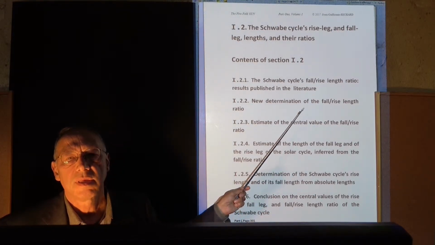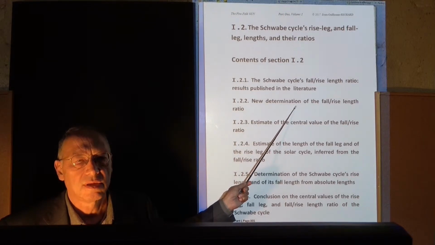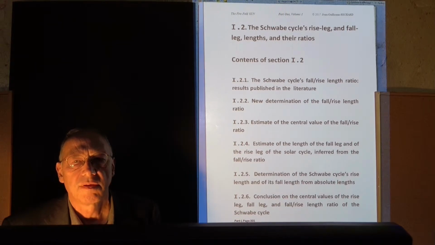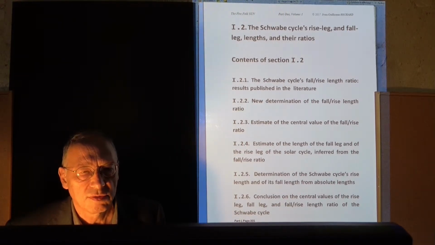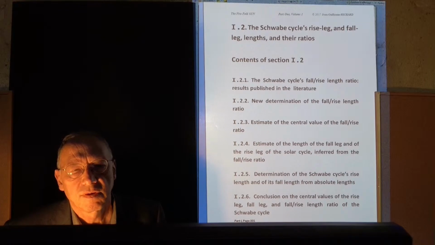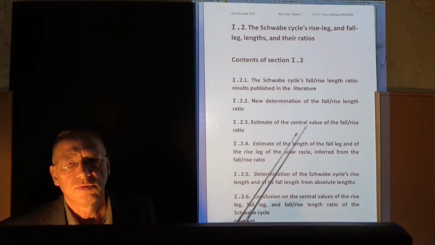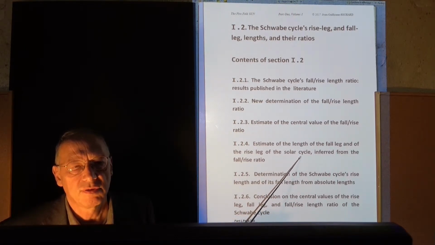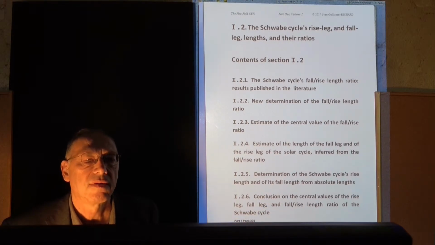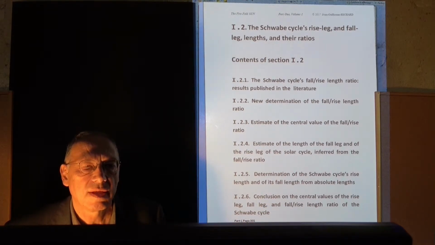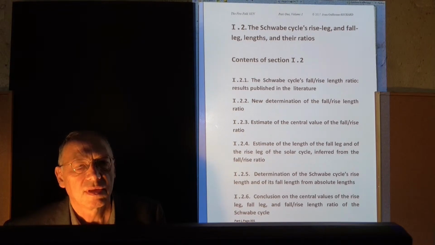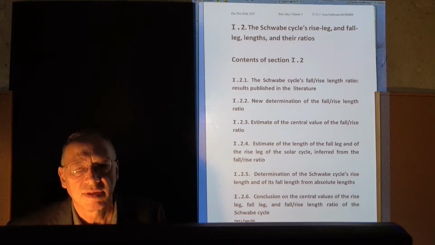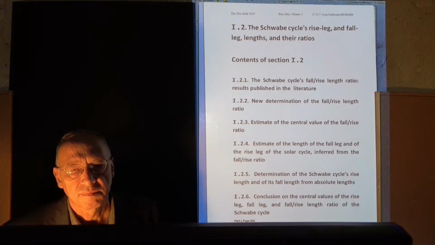And then we introduce a new determination of the fall-rise length ratio. We will do this from two procedures. One is to arrive at a fall over rise length ratio from consideration of the mean rise lengths and mean fall lengths across all cycles.